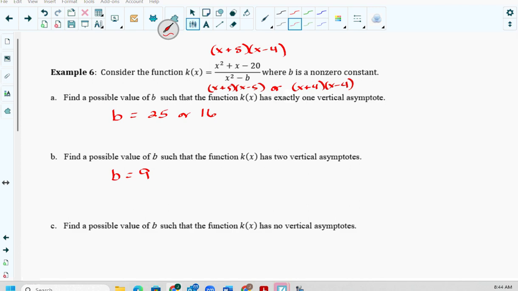Okay, C, find b so that it has no vertical asymptotes. Did anybody figure out what b should be? No, because then you'd have a vertical asymptote at 0. Well, so you'd have x squared minus x squared, so you'd have 0 in your denominator? No. It's interesting.